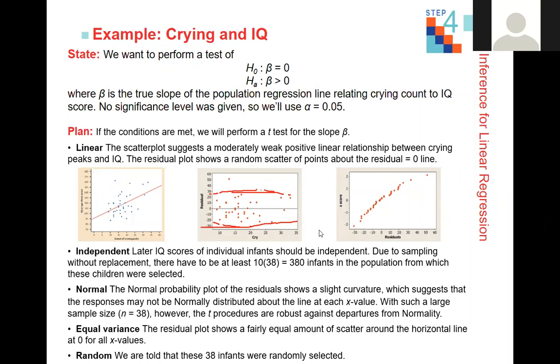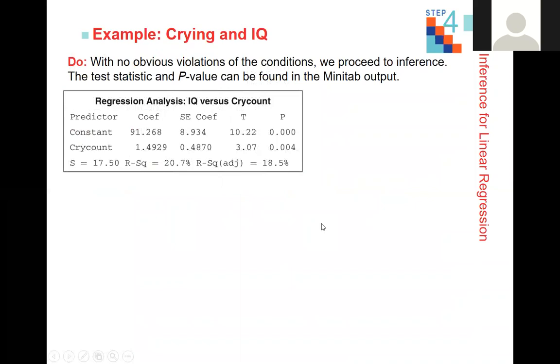Step 3. We are going to do our formula. Well, remember, our null hypothesis is that the slope is 0. So our value for the slope, minus what our null hypothesis says the slope is, 0, divided by our standard error, that ends up being 3.07.